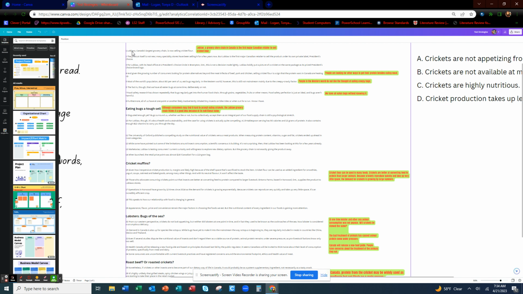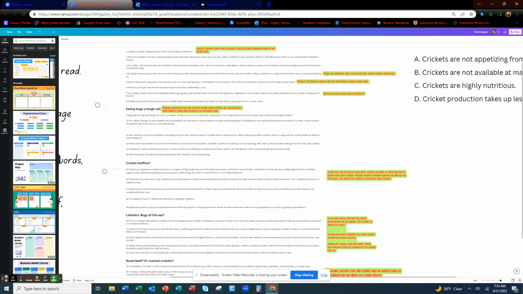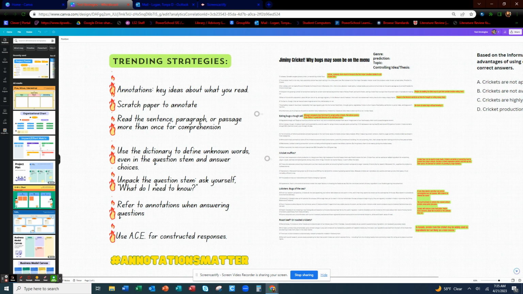For example, here you see lines 1 through 8. So those 8 lines could be chunked together, for which you could make your annotations. Okay, so let's move along here.